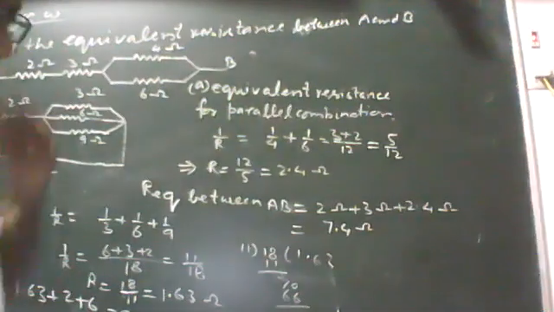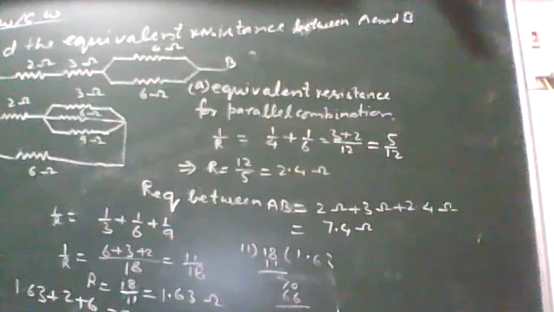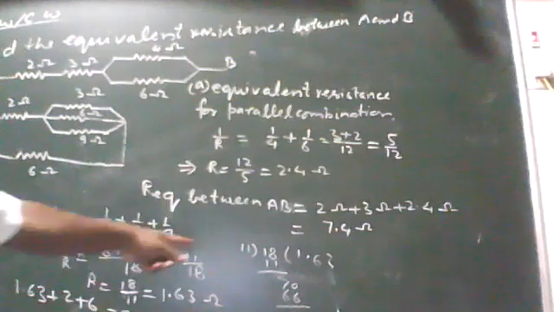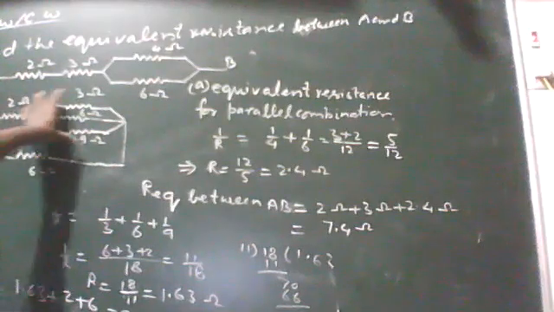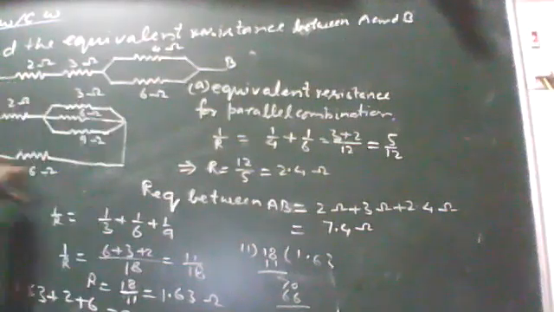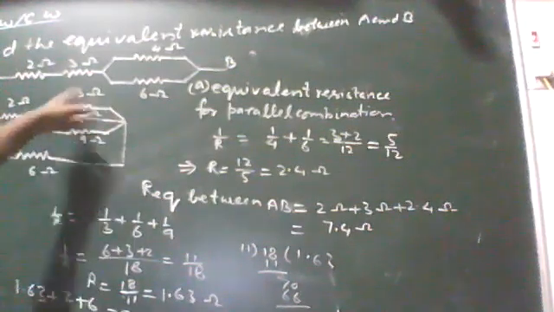Sir, where did the 2 + 6 come from in this one? At the very bottom. See, these two and these are in series. Only 3 are in parallel.